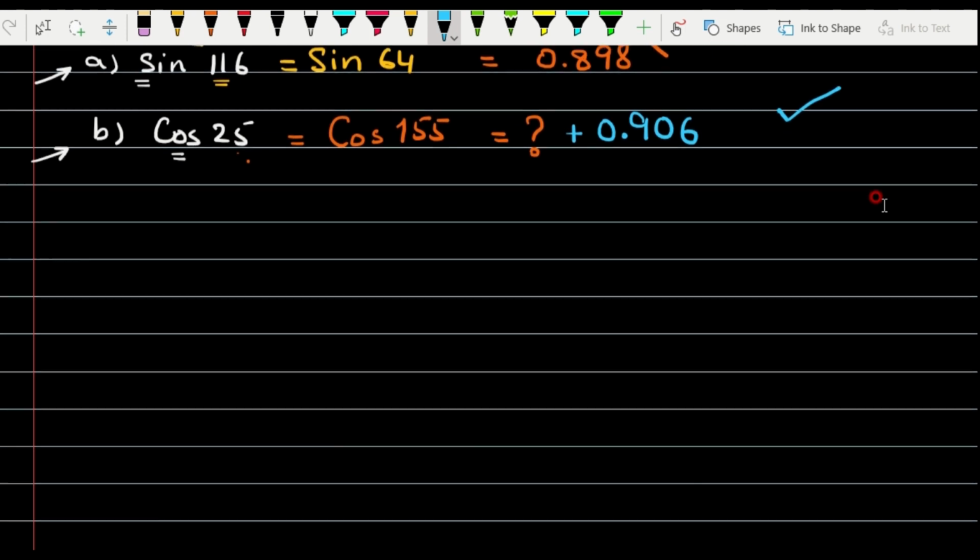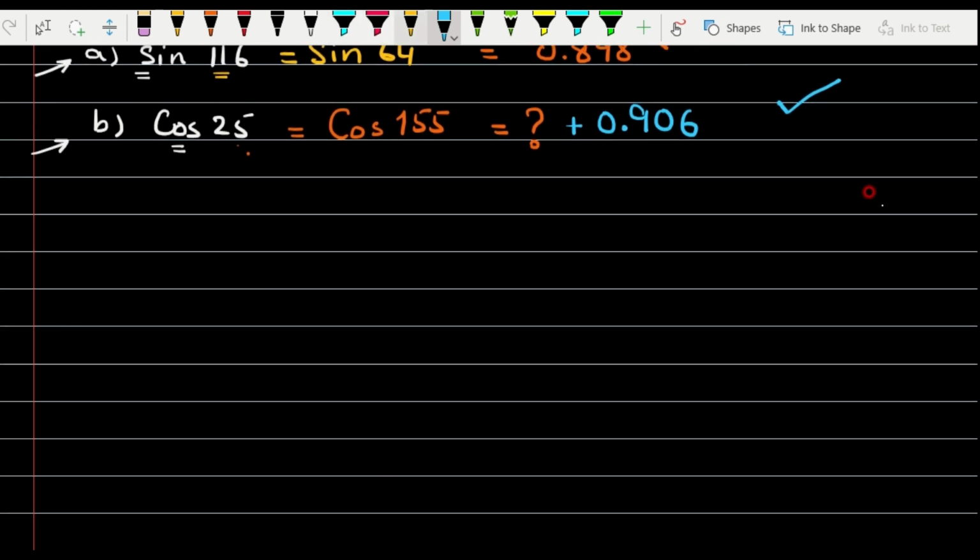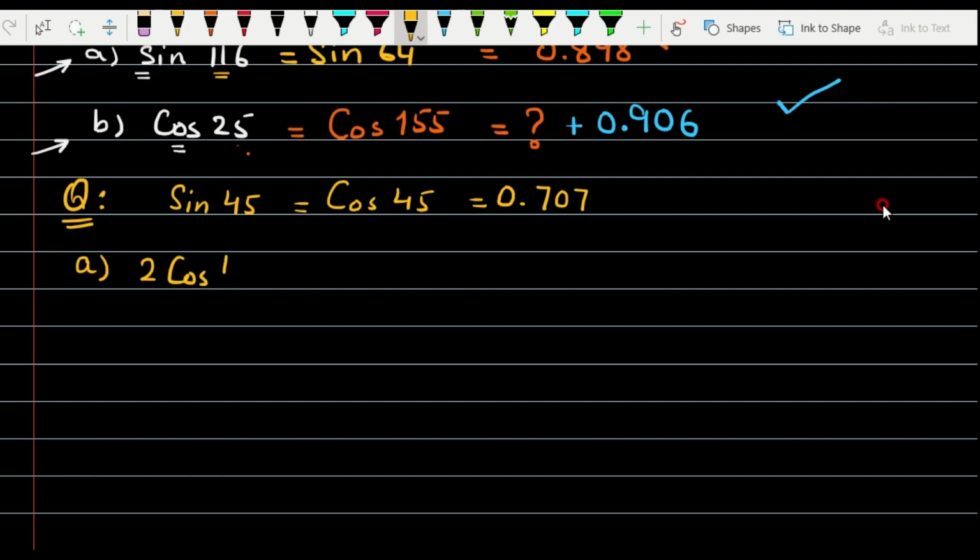Okay, here I have one more interesting question. Question says, if sine 45 is equals to cos 45 and the value is 0.707, then we have to calculate 2 times cos 45 plus 3 times sine 135.